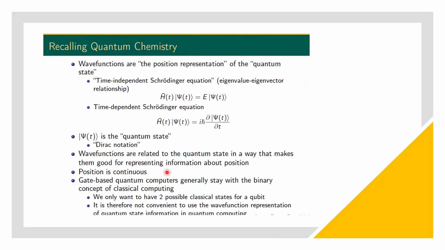Position is not so convenient for that because if you can take a lot of different values of position, it is potentially harder to work with when you're trying to design something to work in binary. And so instead, when we try to get two possible classical states for a qubit, we don't generally use a wave function representation of the quantum state information in quantum computing, because we are not usually so interested in the position of something. Usually we're interested in other observables.